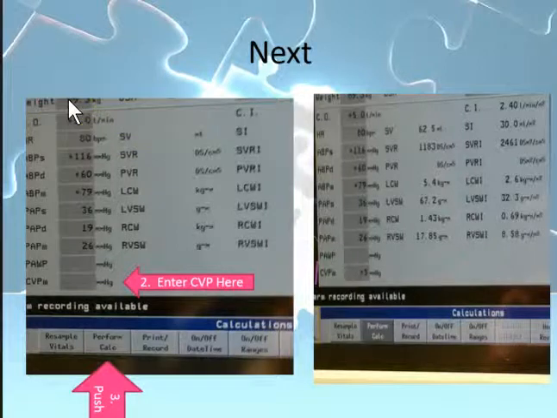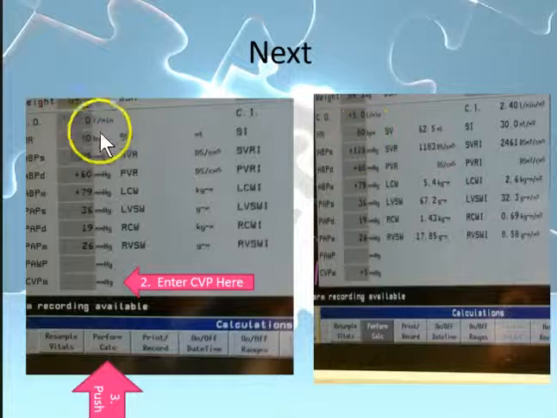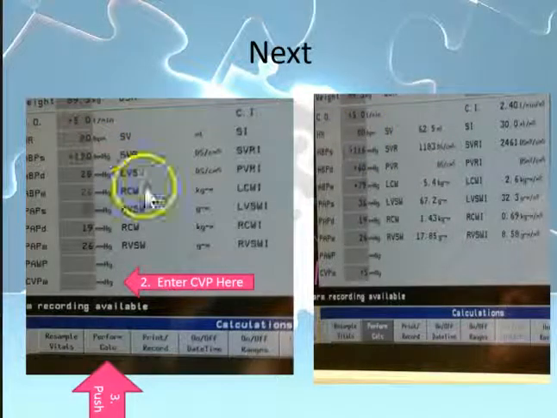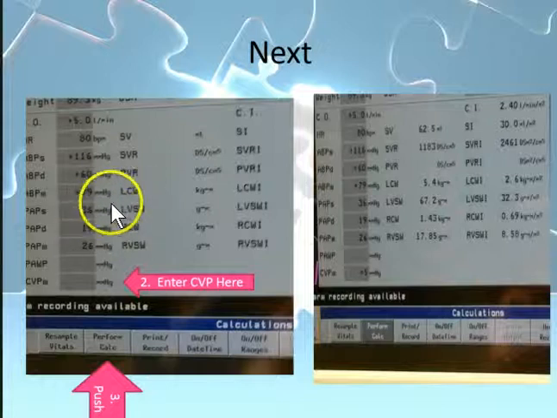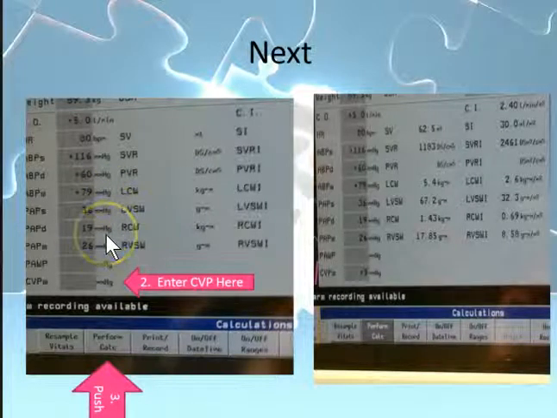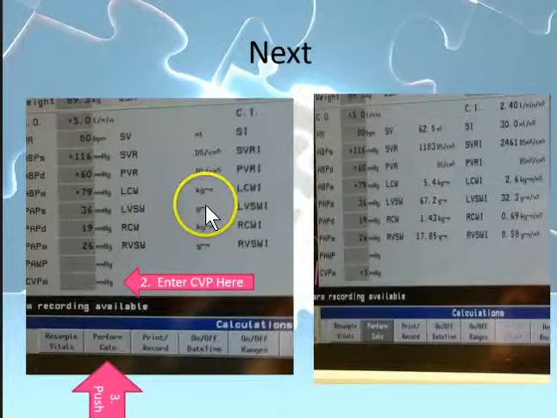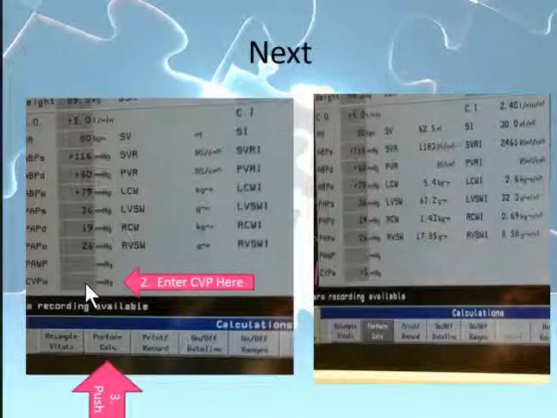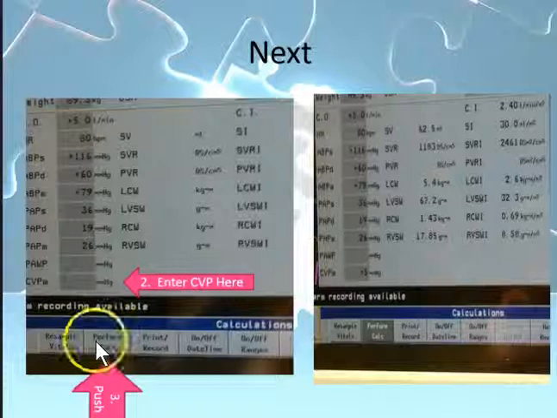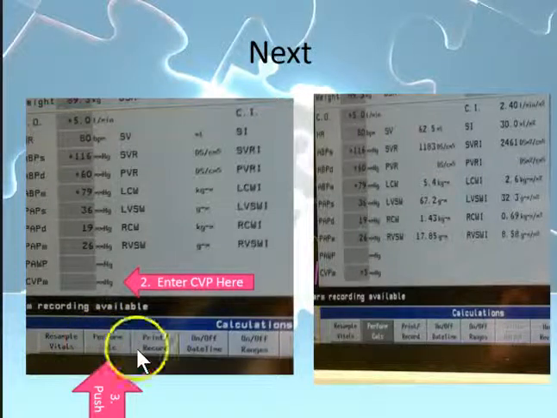Here would be the weight, the height's up there, your cardiac output on this patient's 5, heart rate, blood pressure, pulmonary artery pressures here. So it's 36/19. You will enter your CVP here. So you'll touch that, put in whatever the value is, and then you're going to hit perform calc.